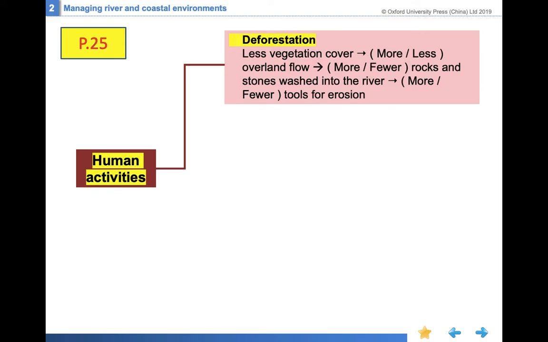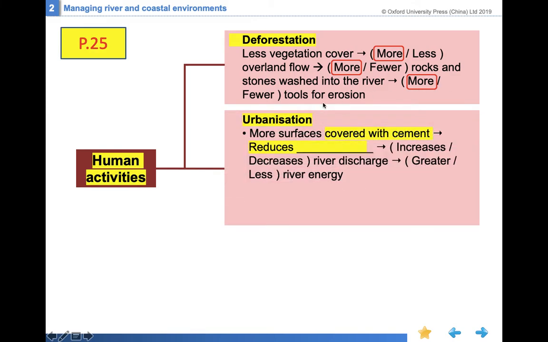And for human activities, first of all, deforestation would make the vegetation less, thus more overland flow, and more rocks and stones will be washed into the river, so there would be more tools for erosion. For urbanization, because we cover the ground with cement, it will be smoother and reduce infiltration because the cement stops the water from entering the soil.